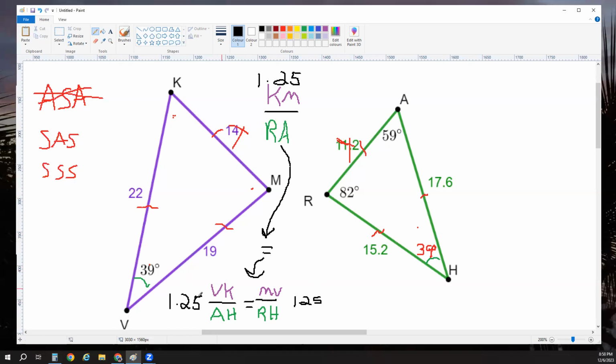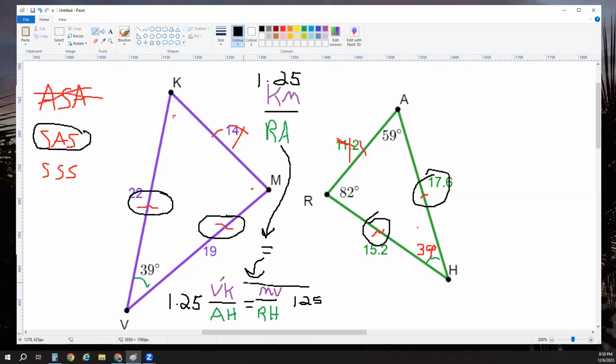So we can say by side, angle, side, because these two are similar, and these two are similar, and they have to have the same proportion by 1.25 of similarity as these ones, right? They're all similarity exists, right? And then we know the angle is the same in between, right?